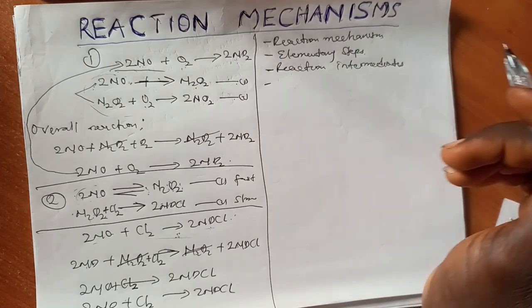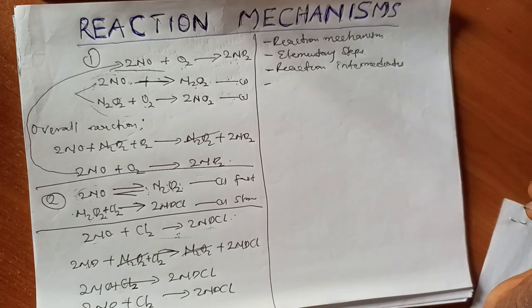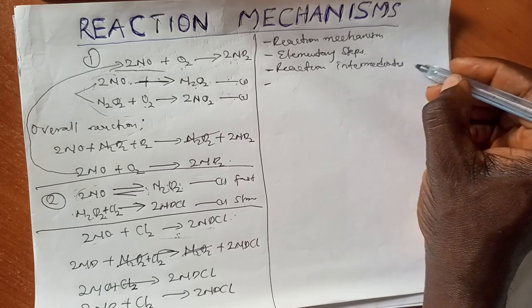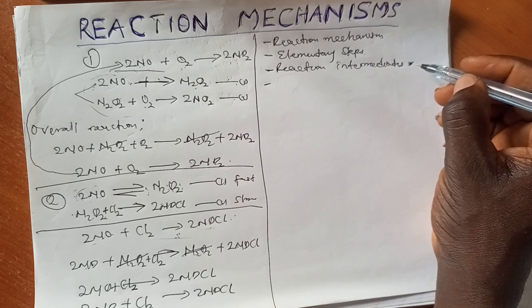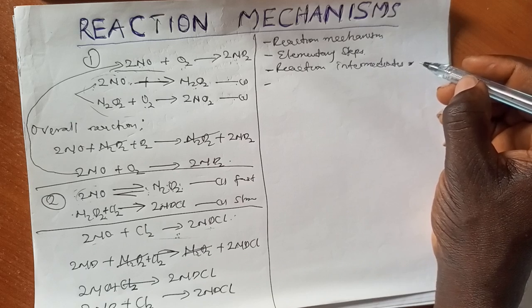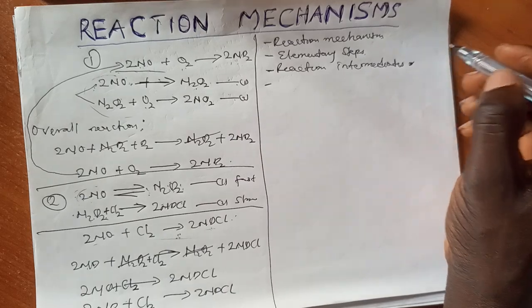The reaction intermediates are actually the species that appear in the reaction mechanism, but not in the overall balanced chemical equation. Please note this. They are species that appear in the reaction mechanism, but not in the overall balanced chemical equation.